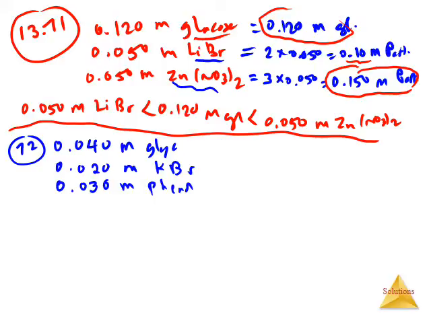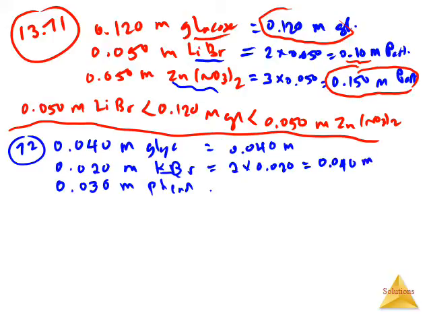So basically, the number of particles for the glycerin would be 0.040 molal. But for the second one, it's going to be 2 times larger, 2 times 0.020. Make sure you understand that because KBr breaks down into K+ and Br-. So this is going to be 0.040 molal ions.